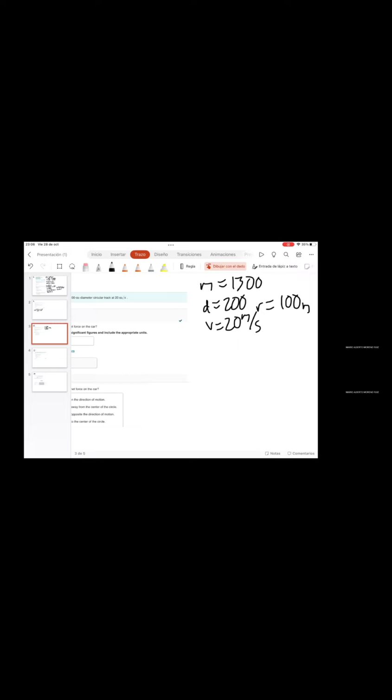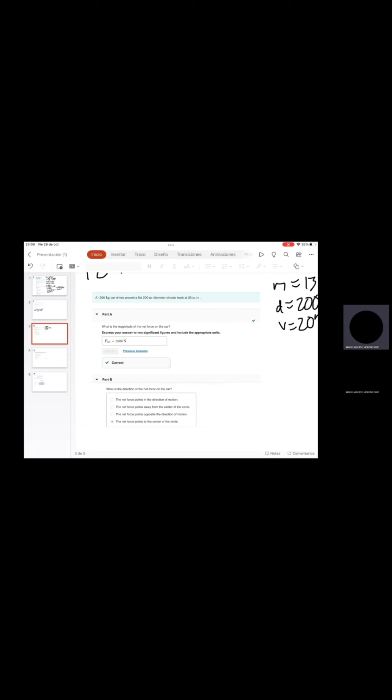So we can get the following data: the mass is equal to 1,300, the diameter is 200 meters, but we will use radius, so 100 meters, and velocity is equal to 20 meters per second.